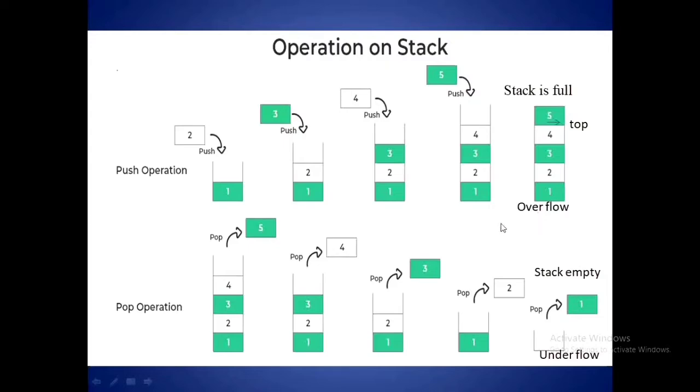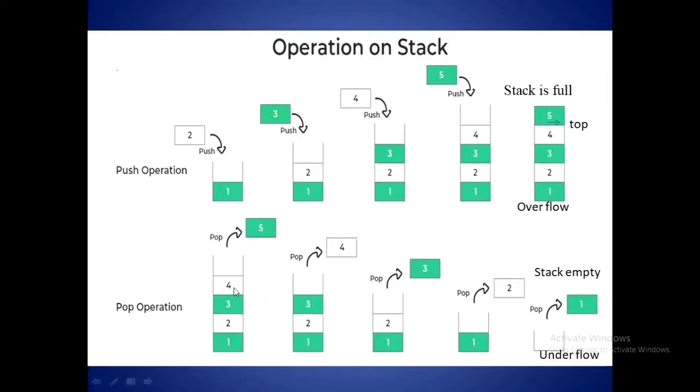Next, pop operation. First, check if the stack is empty or not. If the stack is empty, produce an error and exit. If the stack is not empty, access the data element at which top is pointing. So pop means delete the element. This is the stack. First deleted element is 5.